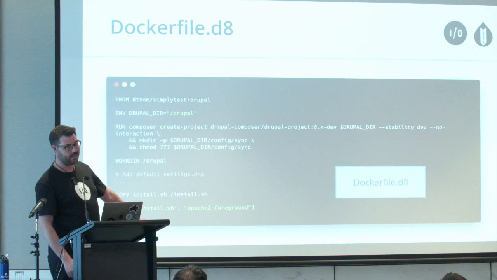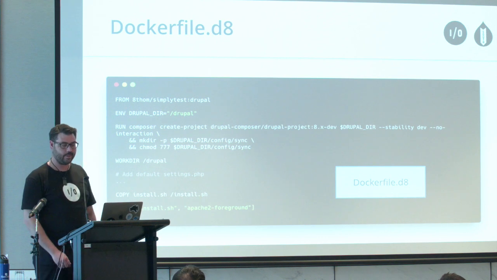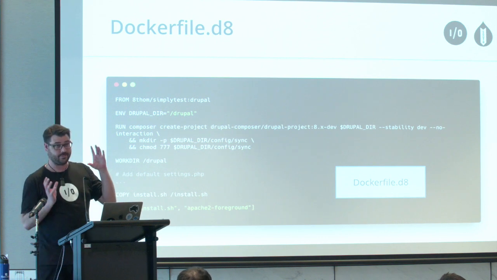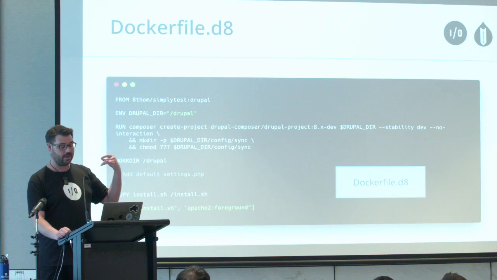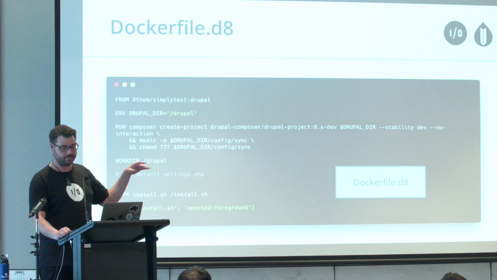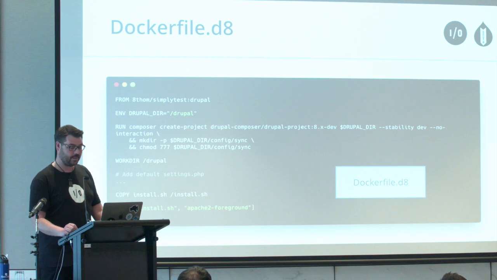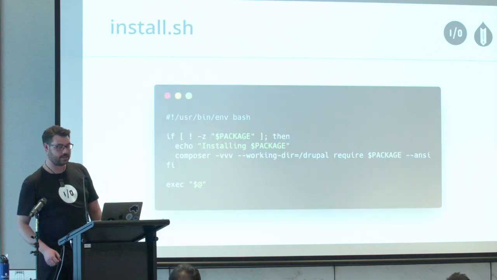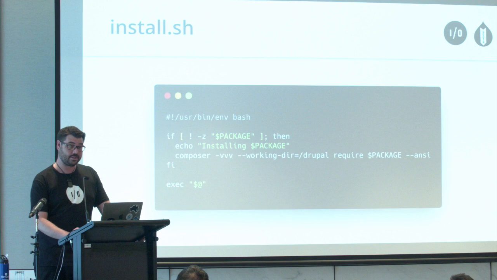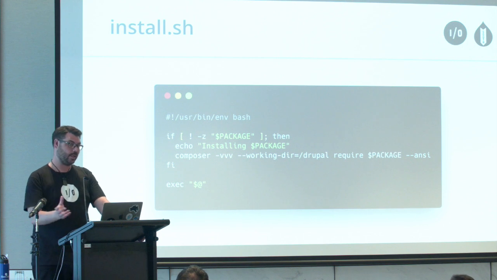I've just taken out a few lines in here for slide purposes, but we added a default settings.php, and then lastly we drop in an entry point or a startup script, which will actually do the package install for us. So this script here itself is what's immediately run when the container launches.